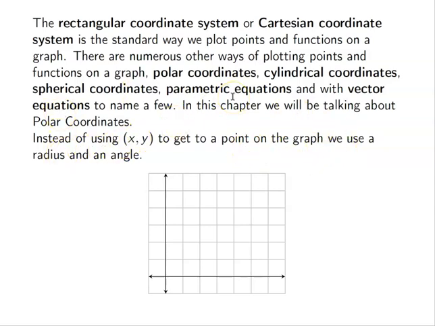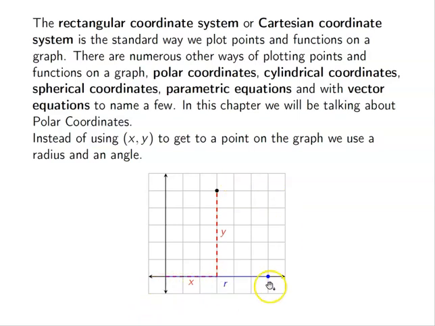Normally, if we had a point x, y, we move over a certain amount x, and from there, we move up a certain amount, which we call y. With polar coordinates, we move out a certain radius length, and then from that radius length, we sweep a curve until we get to the exact same point.